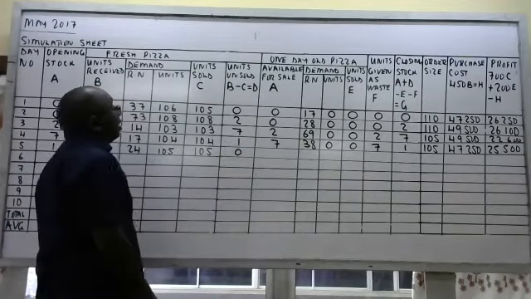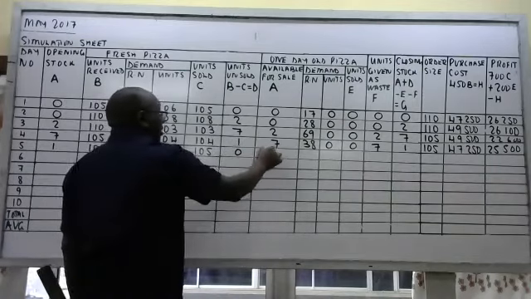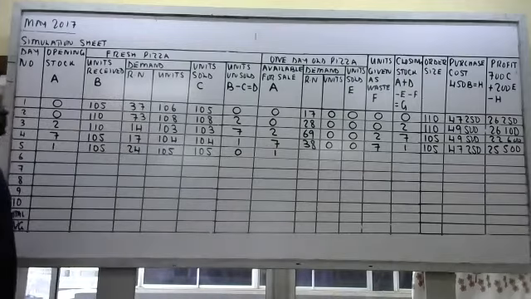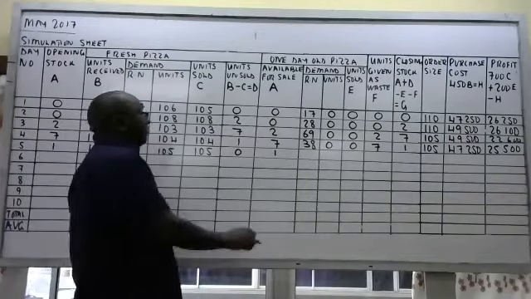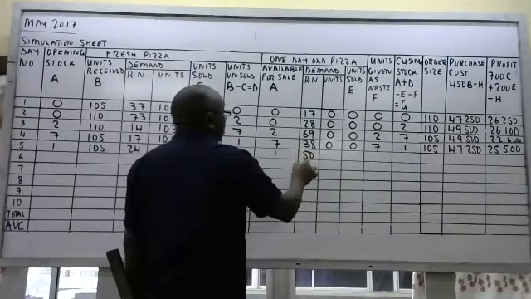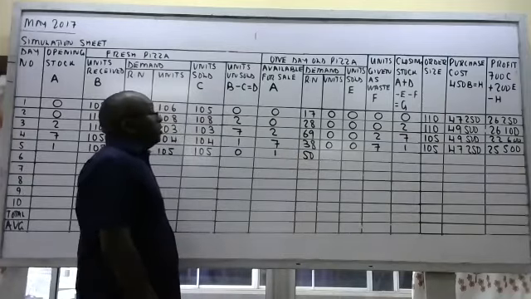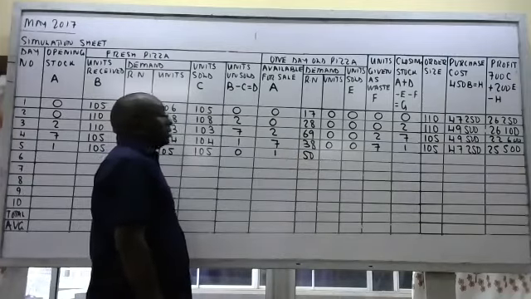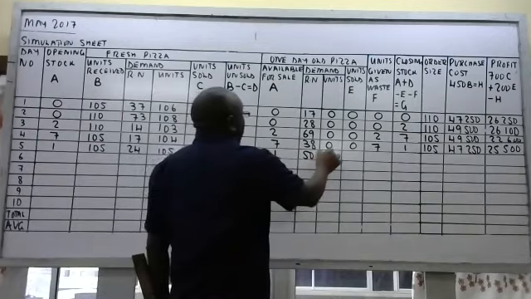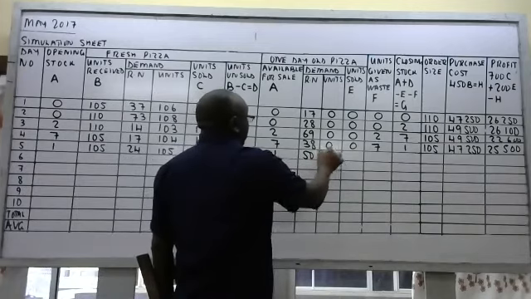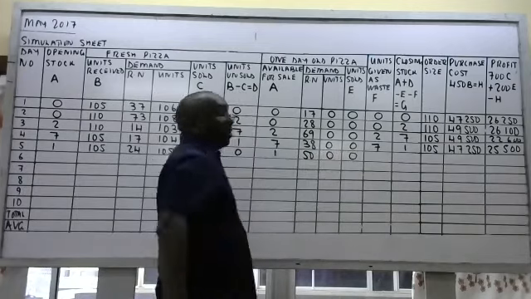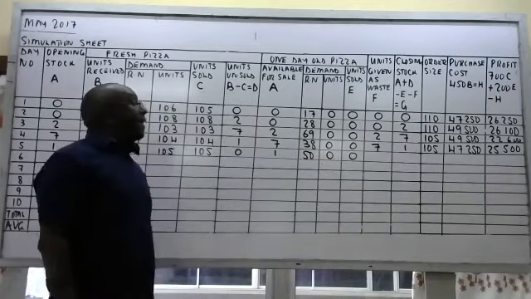So anything available for sale is 1. The random number 50. So the units will be how many? The demand 0. So we still sell 0. No one has come to buy.